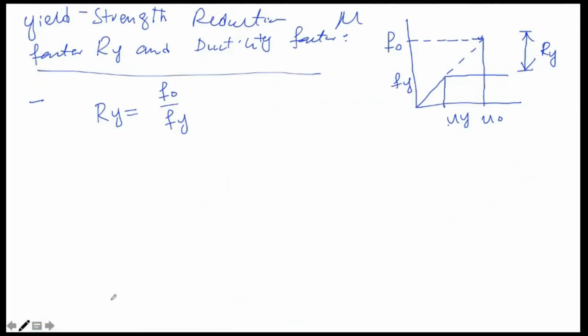You can also write the equation of Ry as u naught by uy, because you can write this by looking at the fact that the stiffness of the inelastic system and the elastic system is the same. So if the stiffness is the same, you can write the stiffness equation, and you can show that Ry is also equal to u naught by uy.